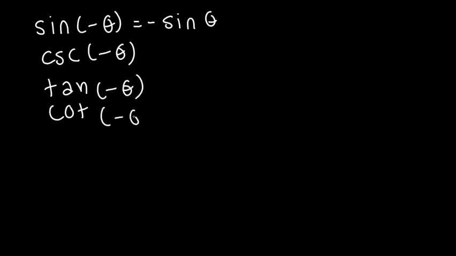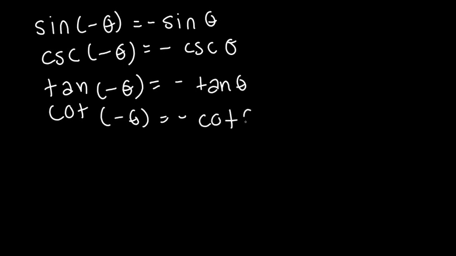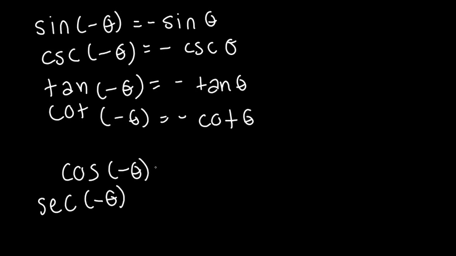These are all equal to negative of themselves. But on the other hand, we have cosine and secant, and if we were to take their negative theta, we get the same cosine theta.